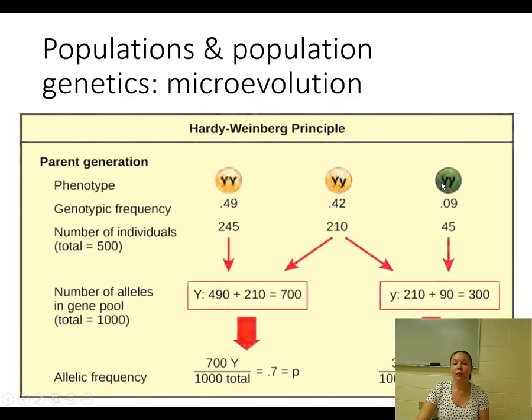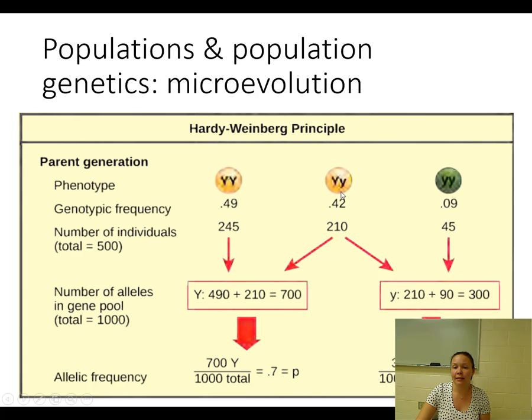And so what scientists do in microevolution is they look at the numbers. They look at what percentage or what amount out of one of the population, so this is a fraction of one, is actually the two capital Y's, what is the one capital, one lowercase, and what is the two lowercase. The two capital Y's, we call them homozygous dominant.